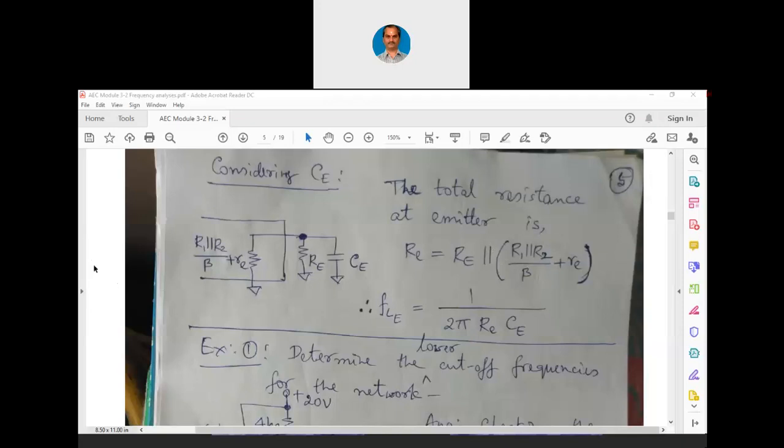So let us not ignore that effective resistance at the emitter also with respect to base. R1 parallel with R2 is already at the base. Now we consider at the emitter side, it is divided by beta. Because we know the ratio between emitter current and base current, we consider it as beta. That is why R1 parallel with R2 divided by beta plus small re is the dynamic resistance of the emitter.